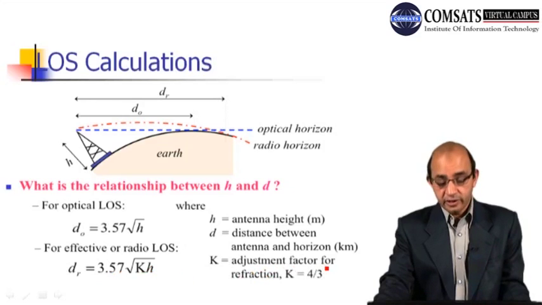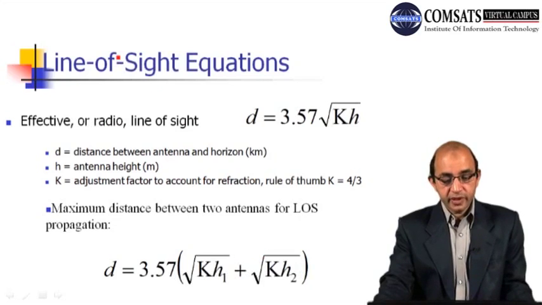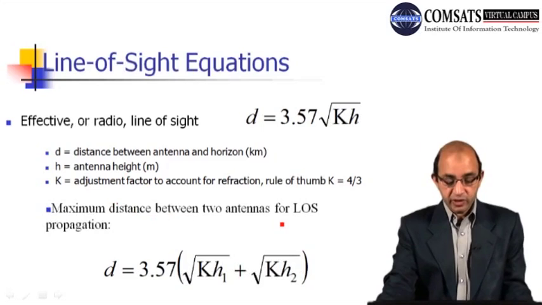K is the adjustment factor. So these are the line of sight equations: effective or radio line of sight, d the distance between antenna and horizon, h the antenna height, k the adjustment factor. The maximum distance between two antennas for line of sight propagation can be represented.